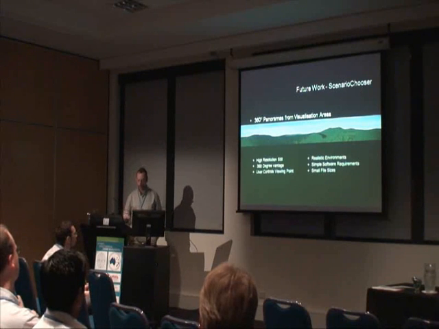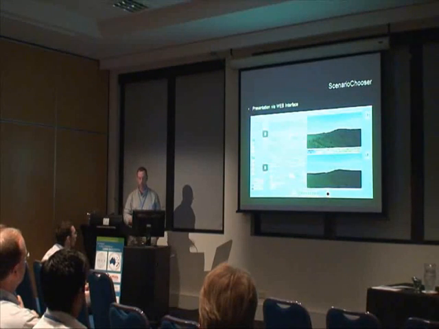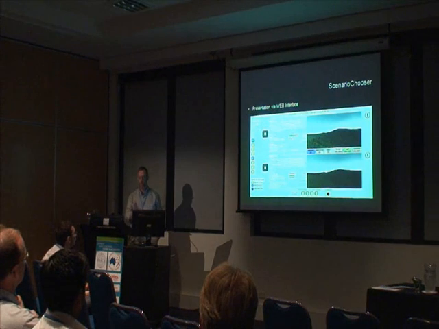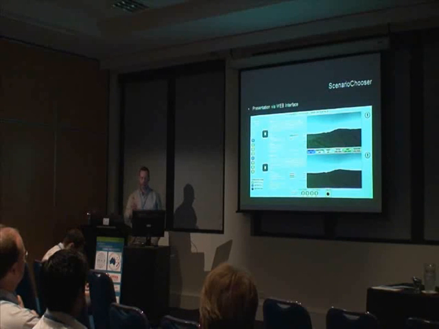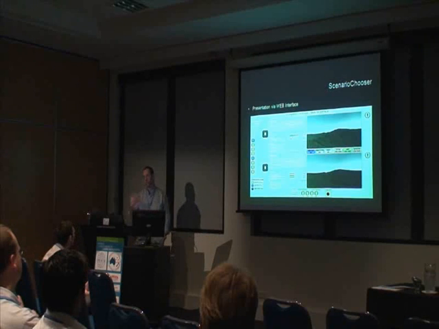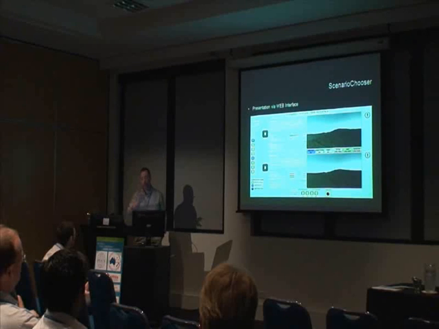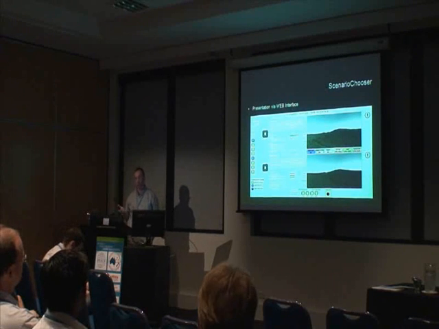What I aim to do next is to take these and incorporate them into a web interface, and again go to the public. And then the public don't know which scenarios they're looking at, they're just classified as A to H, just generic tiles. And the public will then be looking at those and making judgments as to what scenarios they prefer.